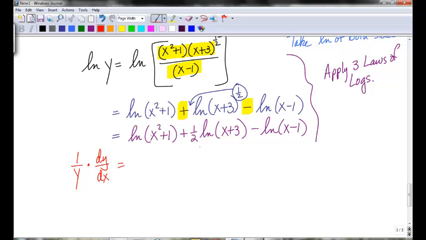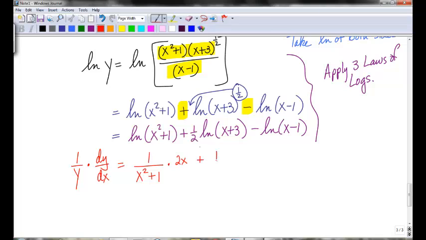Okay. Now, what's the derivative of the natural log of x squared plus 1? What did we just do back on that other page? 1 over that, right? 1 over x squared plus 1. Then times, what's the derivative of x squared? 2x. Derivative of 1 is just 0.